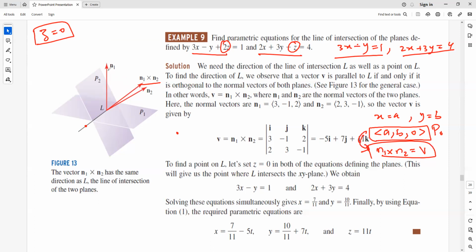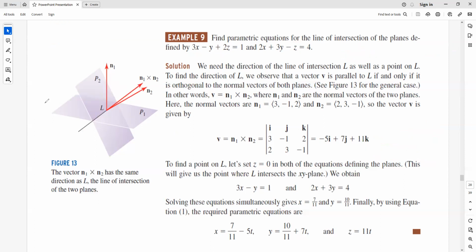And by using the cross product of the two normal vectors, n1 and n2, we found the parallel vector to the line of intersection. So this is how we can find the parametric equation of the line of intersection of two planes, right?